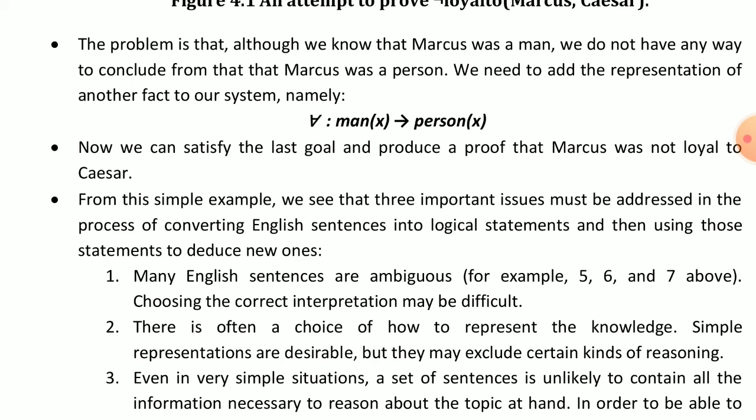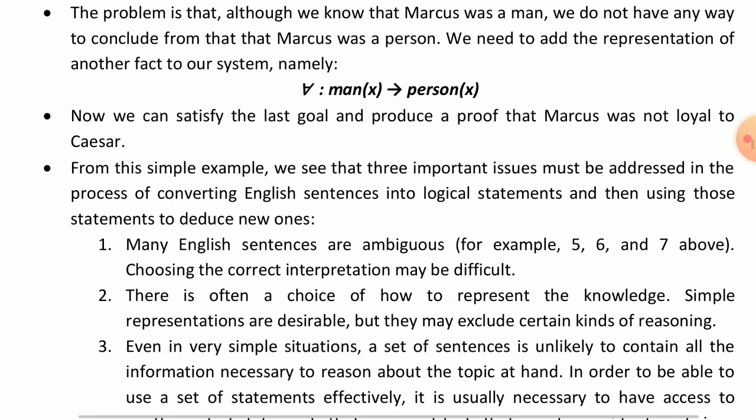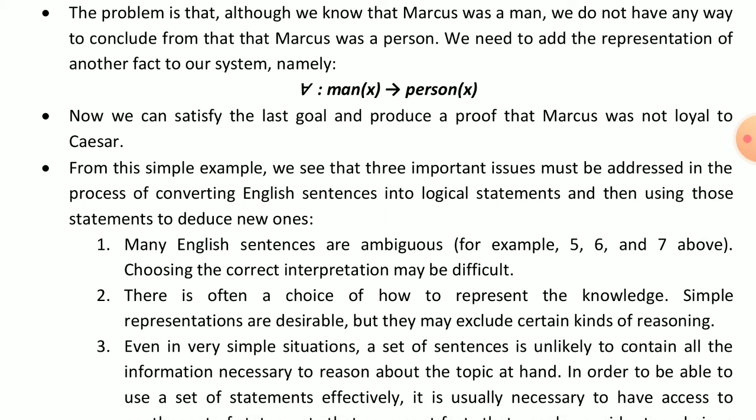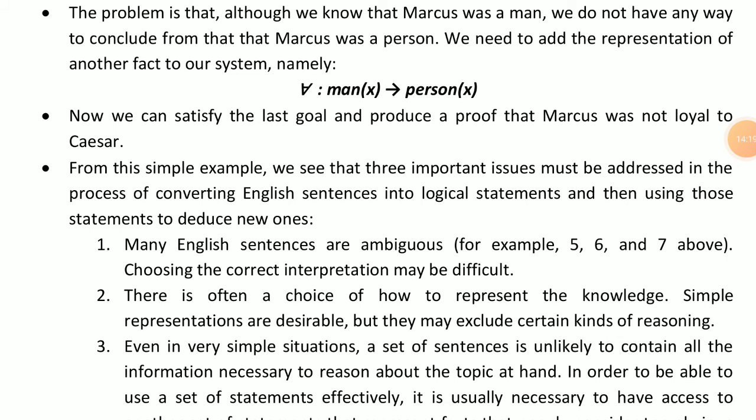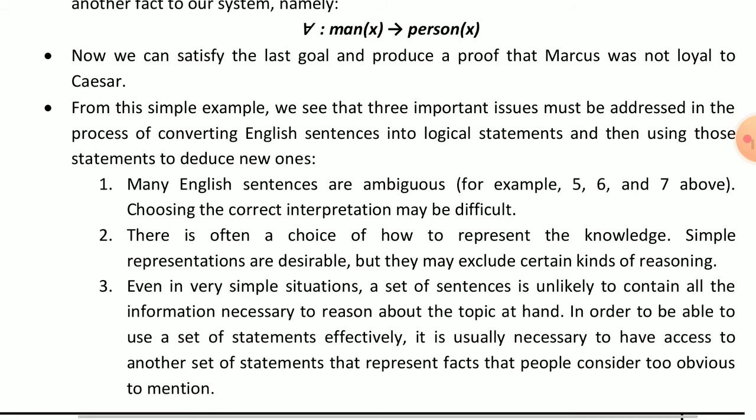So we can simplify these two sentences and make a sentence like this: for all X, man X implies person X. And last, we can take the 3 different issues for reducing the statements. We can take different 8 statements in English and we can use these issues and reduce these statements.